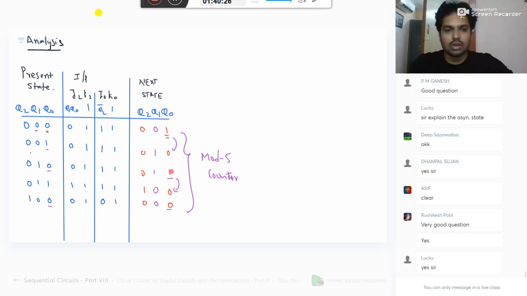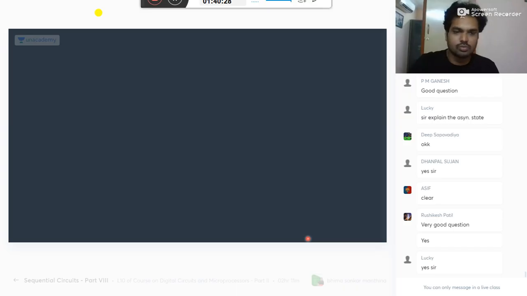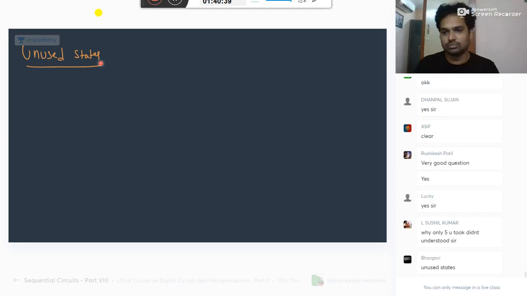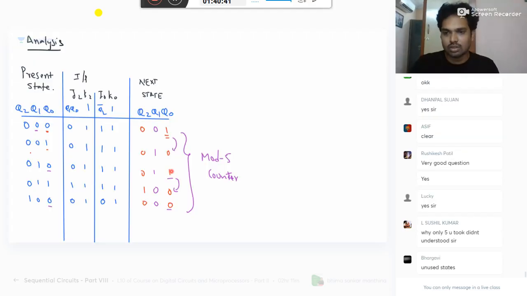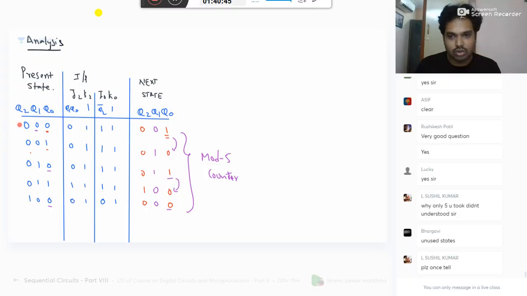Thank you. Let's move to our another friend. What is that? Unused states. Sushil, see here, you started with 0 and came back to 0. Here I didn't take this 4. Please understand. I started with 0, I got 1.